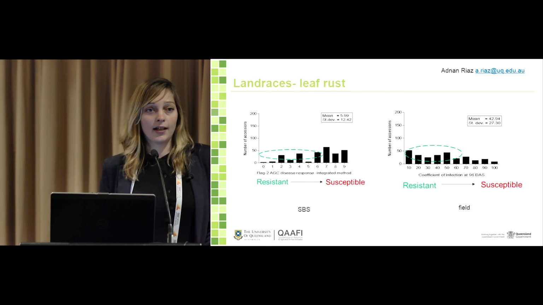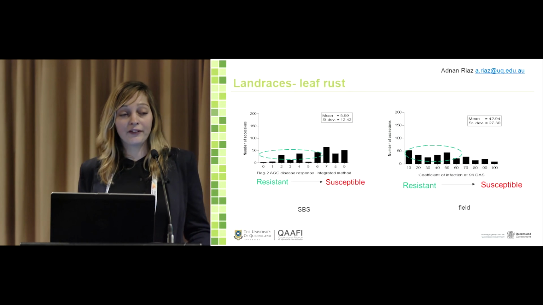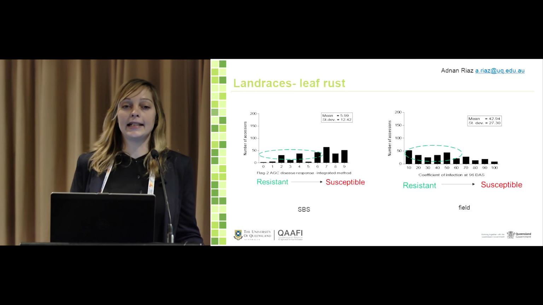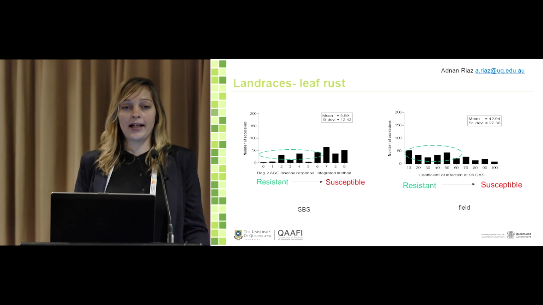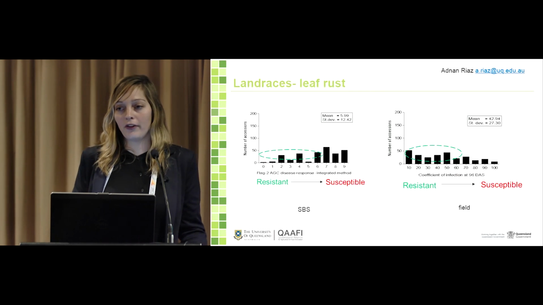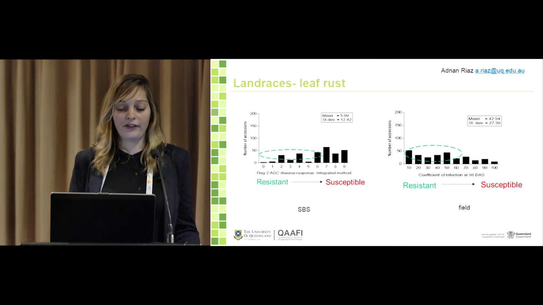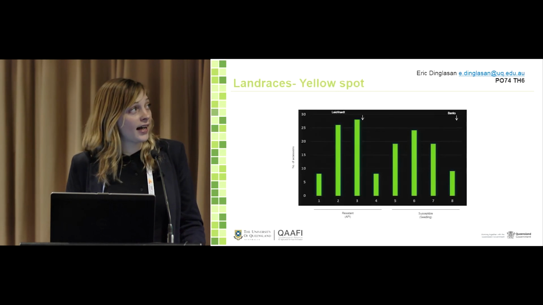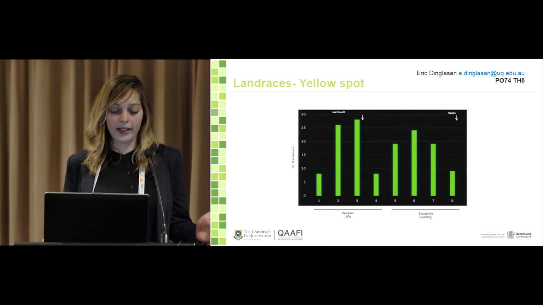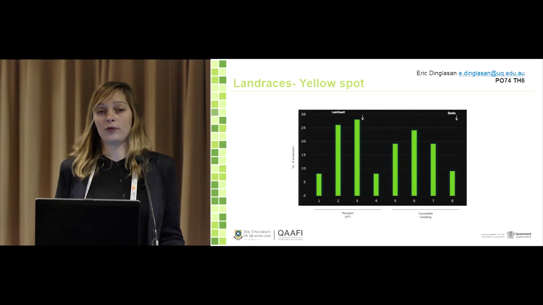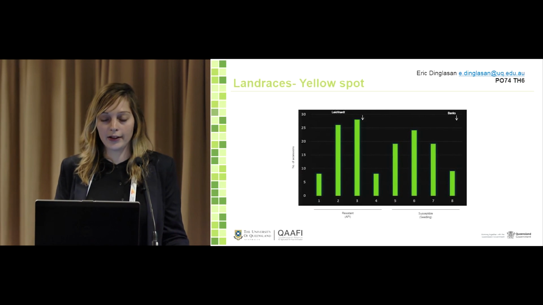The landraces have also been evaluated for leaf rust in the field and in controlled environment conditions. In both cases, we identified a certain number of accessions that had a high level of resistance. These accessions have also been evaluated for yellow spot, with the same result: a lot of landraces showing a high level of adult plant resistance.